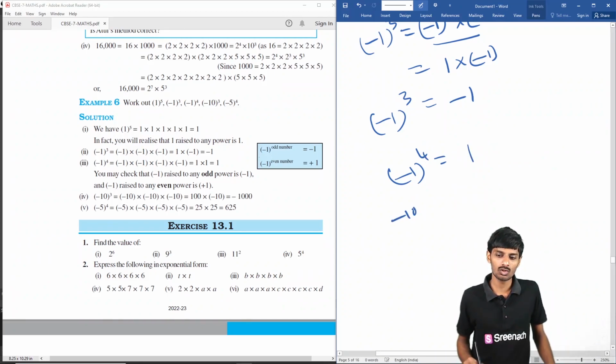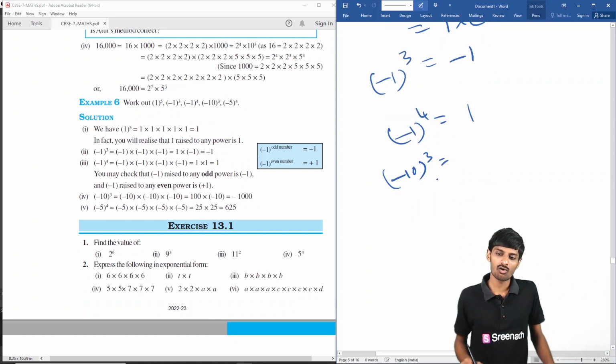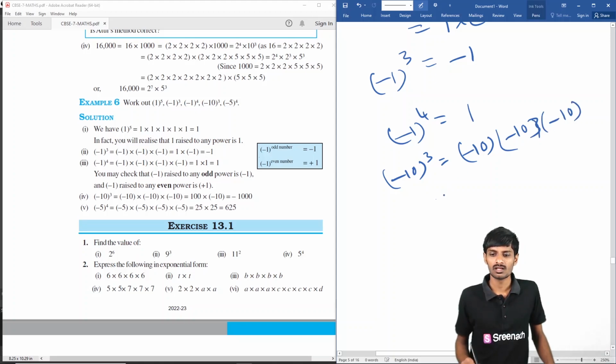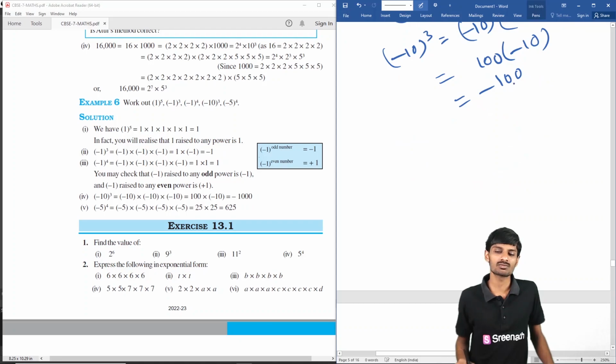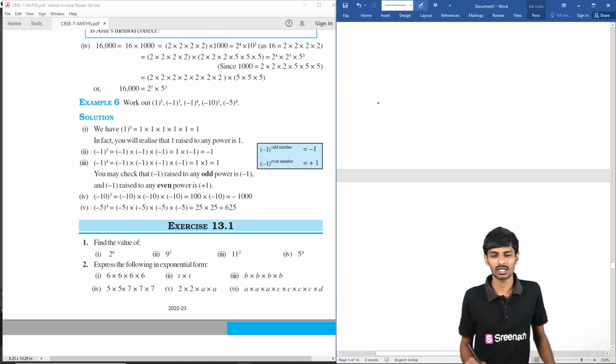And minus 10 whole cube, here how you will get is minus 10 into minus 10 into minus 10. So minus into minus plus, so it is 10 into 10 is 100, but that is into minus 10, so it is minus 100 into 10 is minus 1000. Like that answer, students. Okay, so one thing you have to remember is minus 1 whole to the power of odd number.